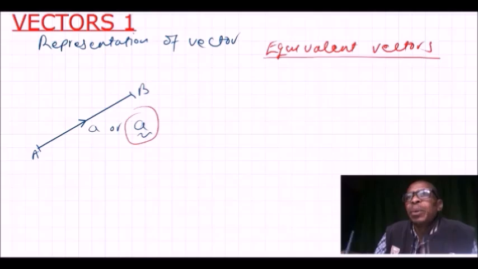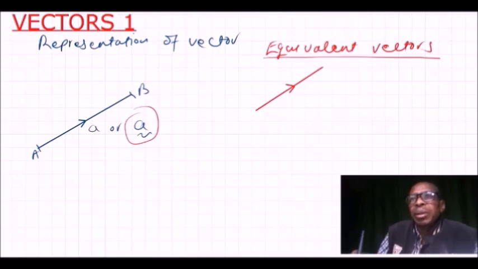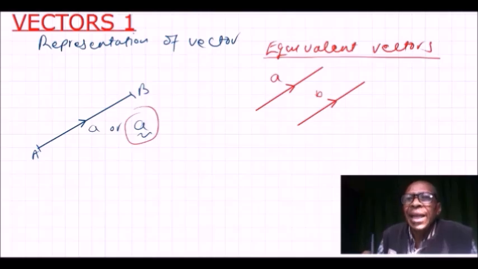For example, if I draw a vector like this, and I have shown the direction, I can call it vector A. Now, if I make another vector here, which is the same as A, and I call it vector B, you can see that vector A and vector B are facing the same direction and they are equal in magnitude, because I have duplicated vector A.